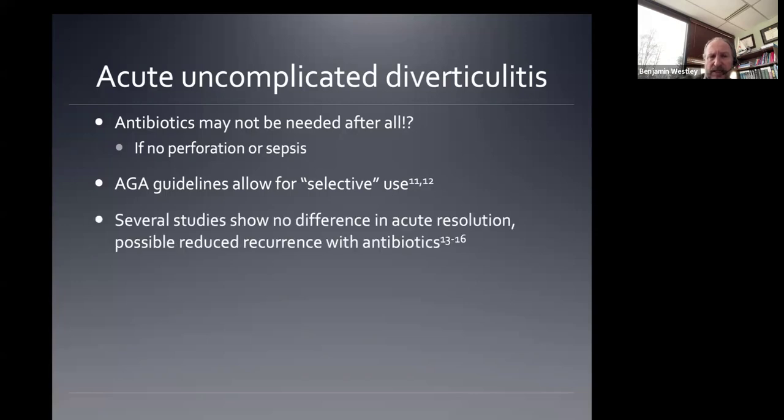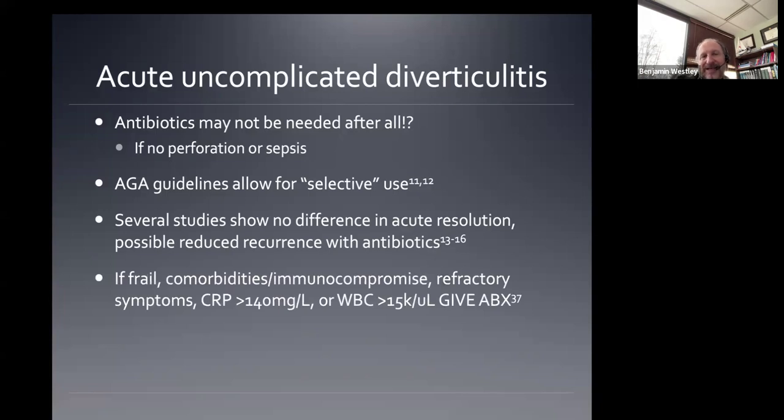And I'm going to tell you what they did. Several studies are pretty clear that show that diverticulitis gets better and doesn't have a difference in resolution, but there's a possible reduced recurrence with antibiotics, not entirely clear. So the guidelines say if somebody's, quote unquote, frail, that's a word they use, they have comorbidities and/or immune compromise, refractory symptoms that are not getting better, or they have elevated labs, specifically a CRP over 140 milligrams per liter or a white count over 15, you should give antibiotics.